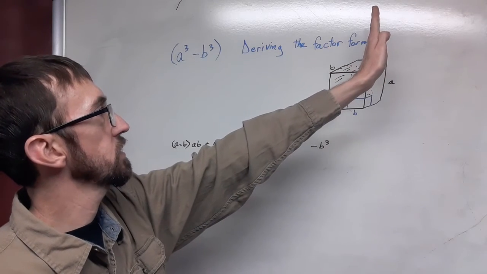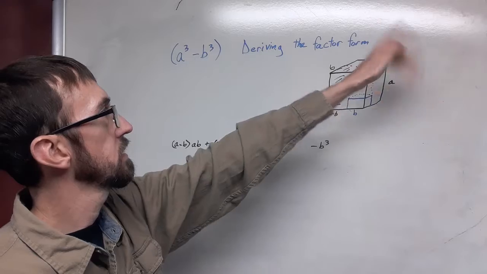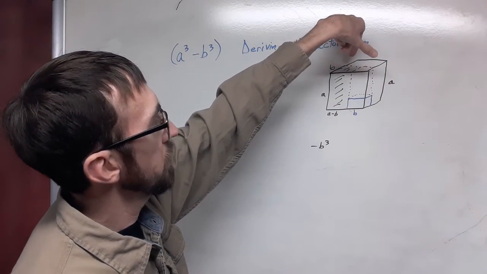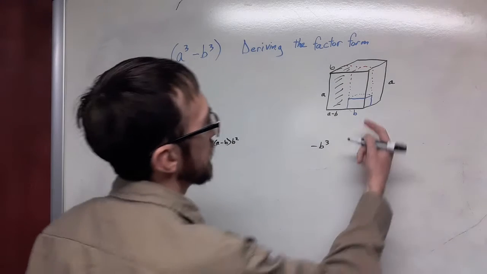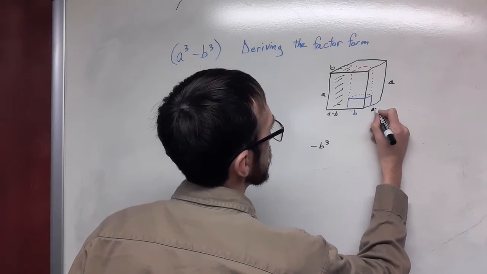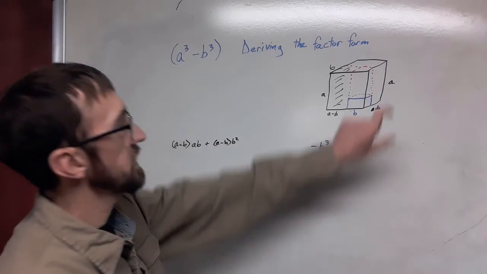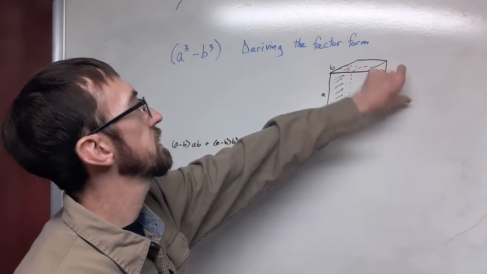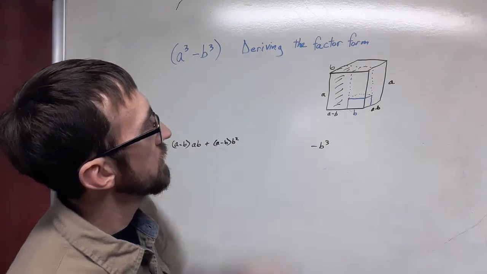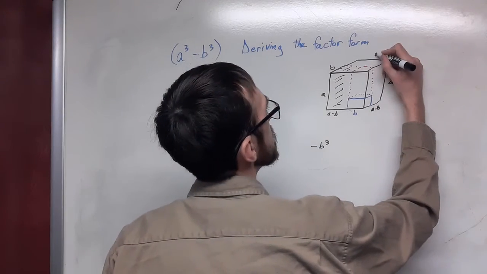Behind what's going on here, we also have this bigger chunk of the cube, and it has a depth here of A minus B. It has a height of A, and it has a depth this way of A also.